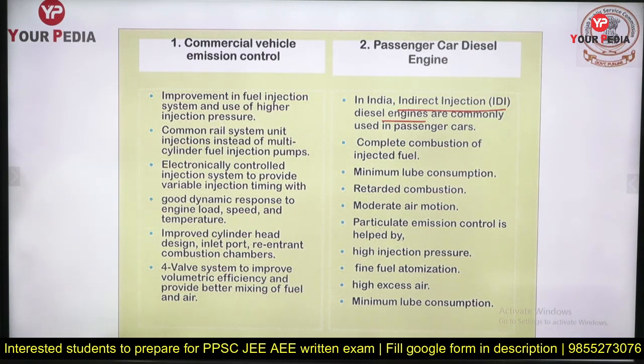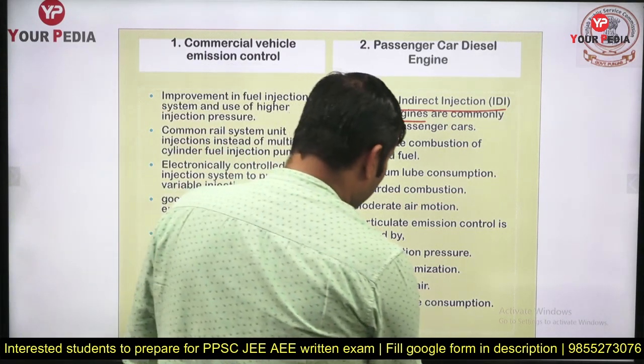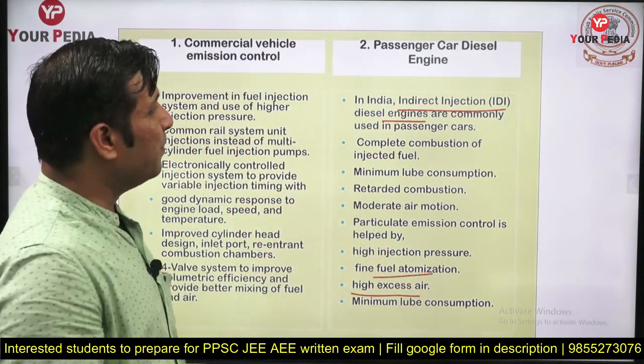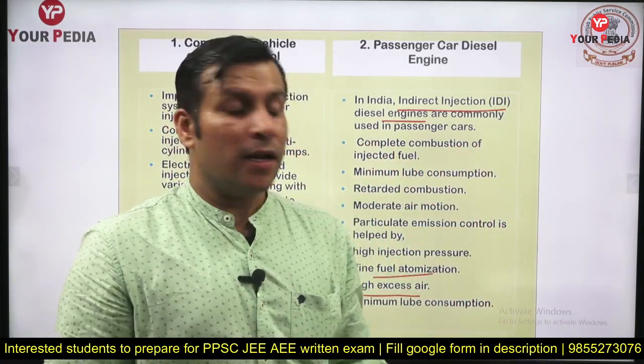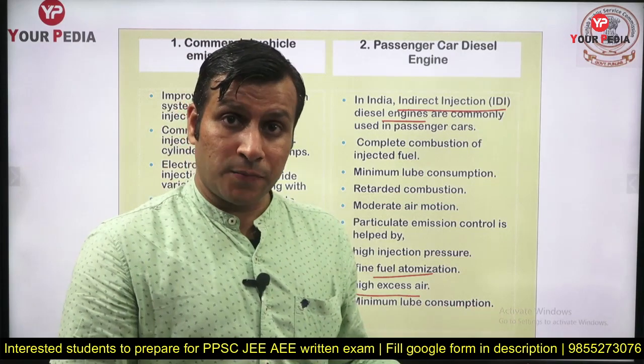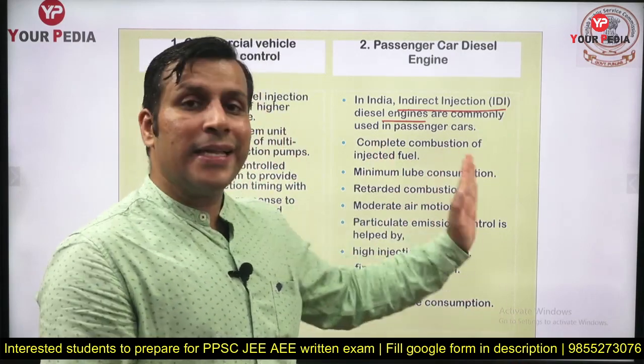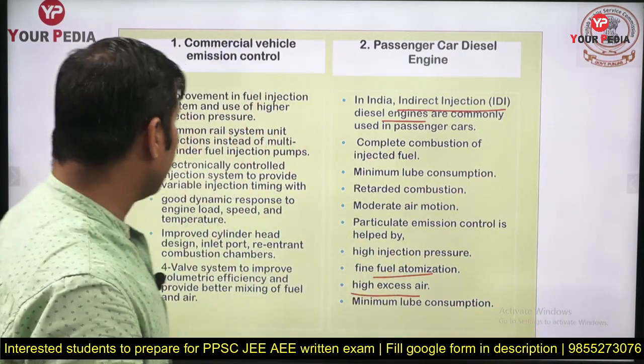Particulate emission control is helped by high injection pressure, fine fuel atomization, high excess air, and minimum lube consumption. So guys, the main point is what? By improving the injection system, the engine design and the quality of fuel, you can decrease the emission from the IC engine.